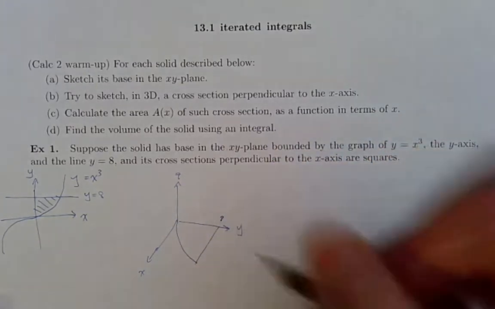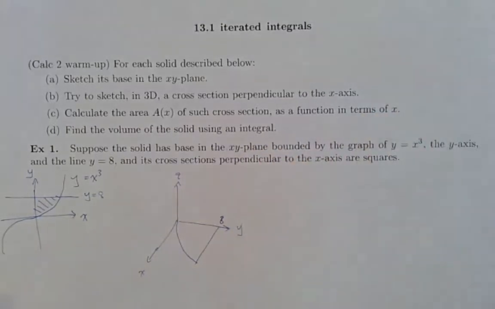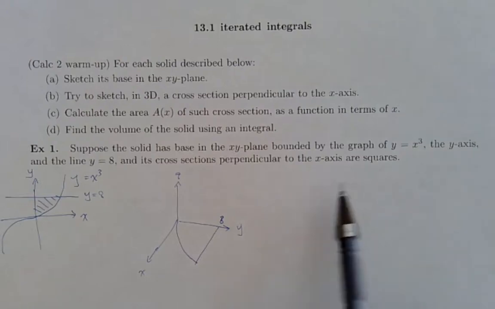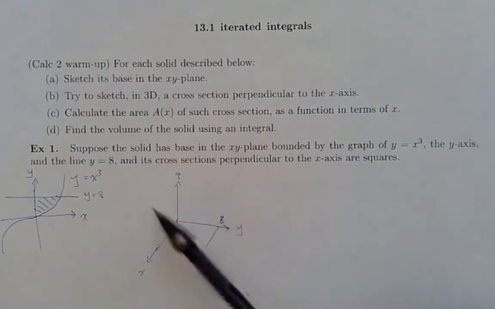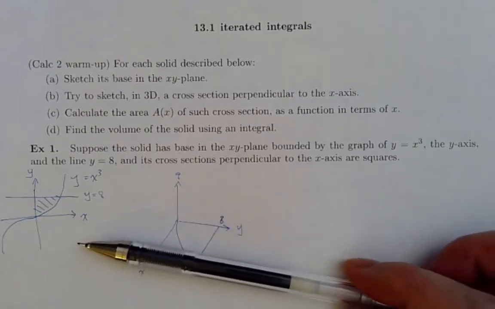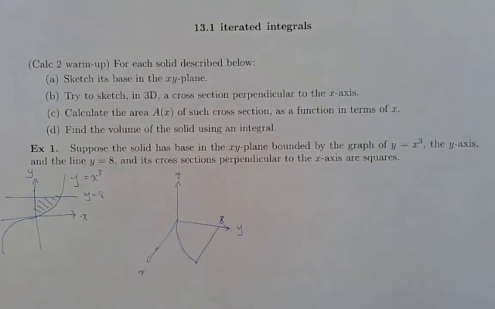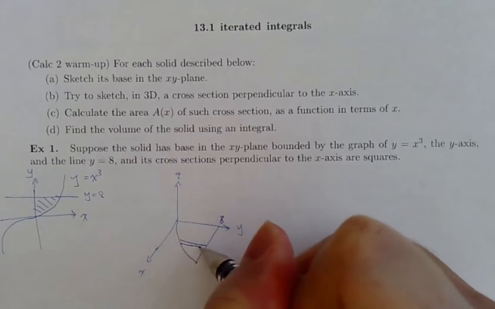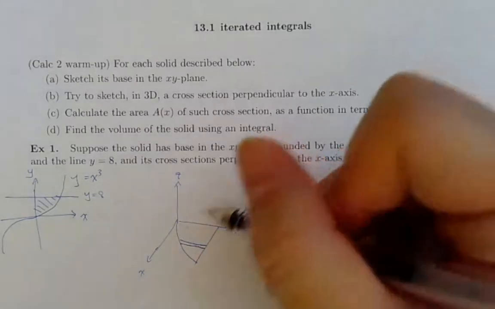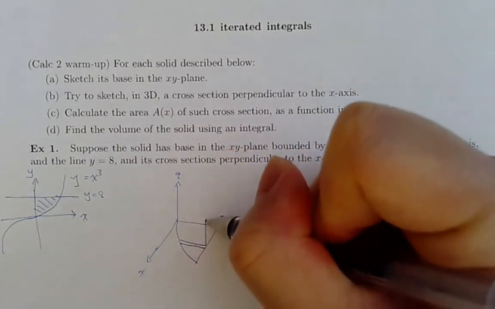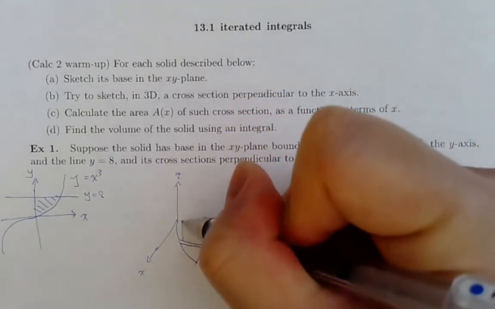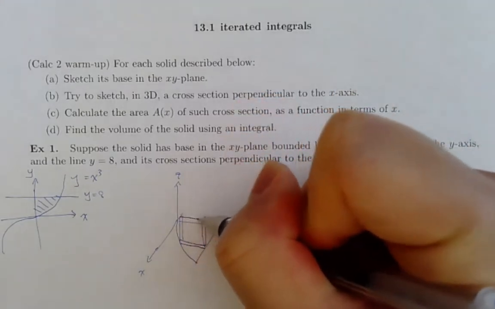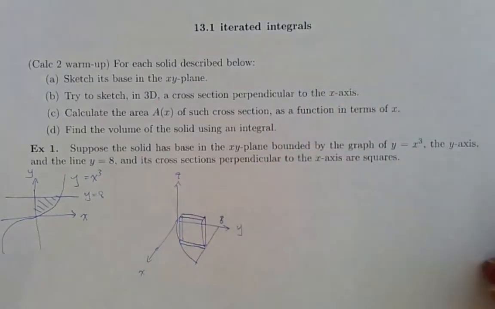This is 8 right there, and then we have that the cross-section perpendicular to the x-axis, that's right here, those are squares. If I draw one right here, I should get a square. So that's a square.